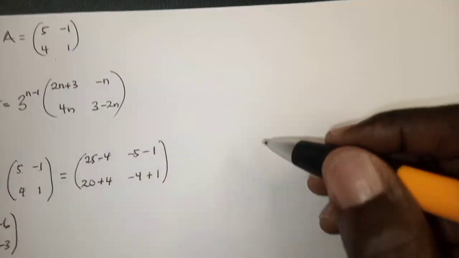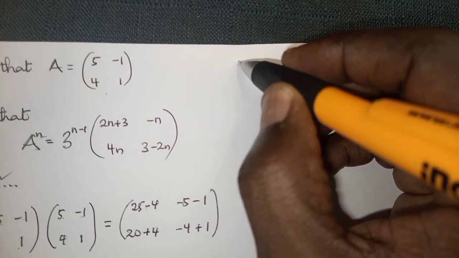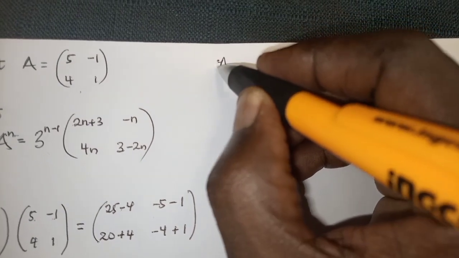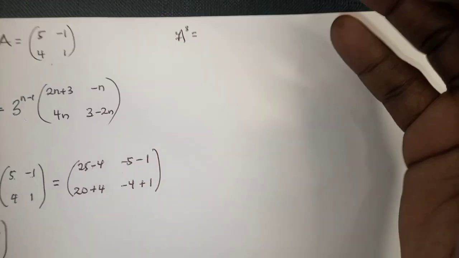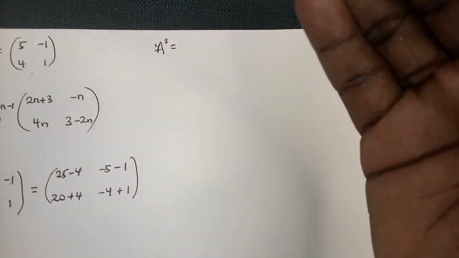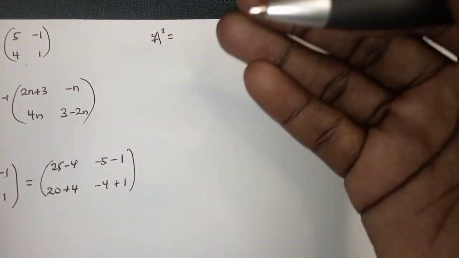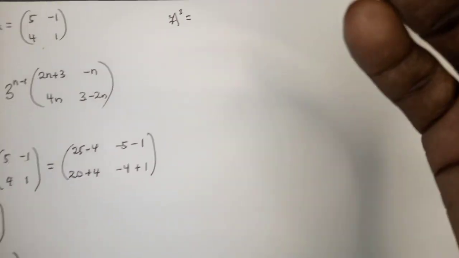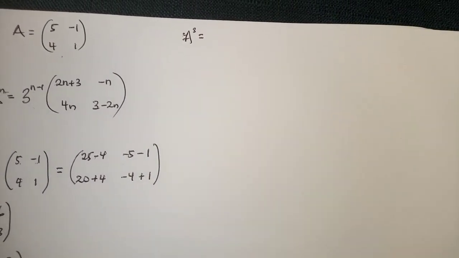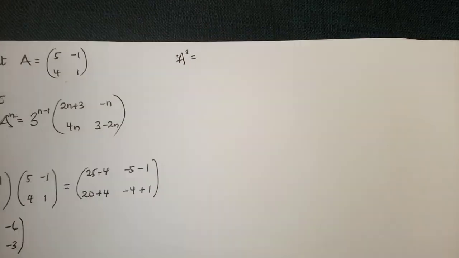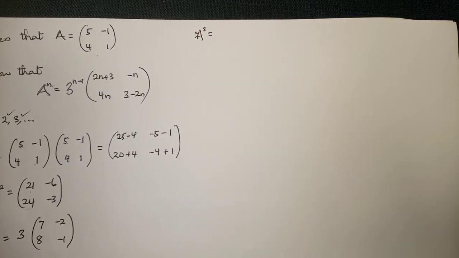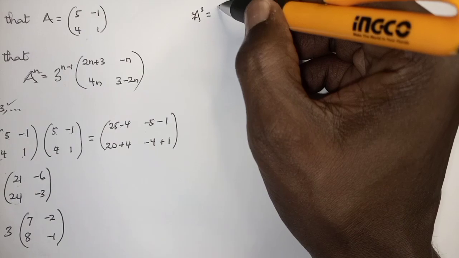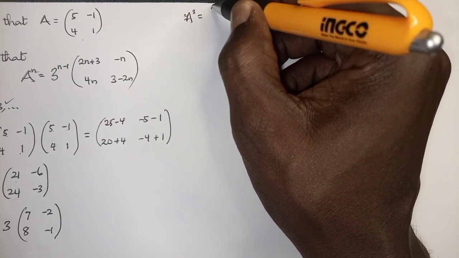So A exponent 3 means we go again, A times A times A. Since we've already done A exponent 2, we pick the A exponent 2, which is already there.